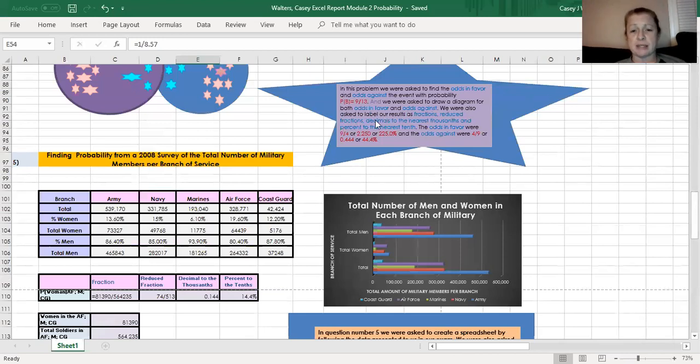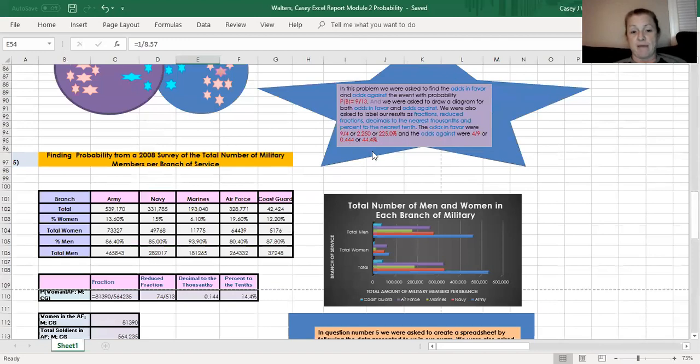We were also asked to label our results as fractions, reduced fractions, decimals to the nearest thousandths, and percent to the nearest tenth. The odds in favor were 9 and 4, or 2.250, or 225.0%, and the odds against were 4 and 9, or 0.444, or 44.4%.